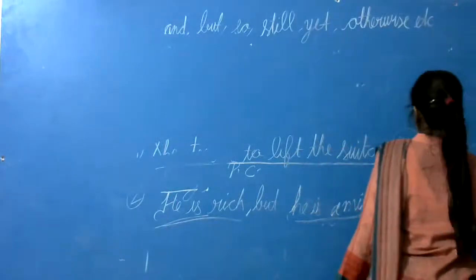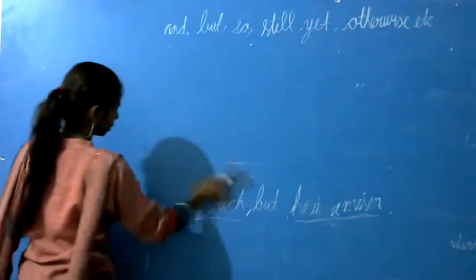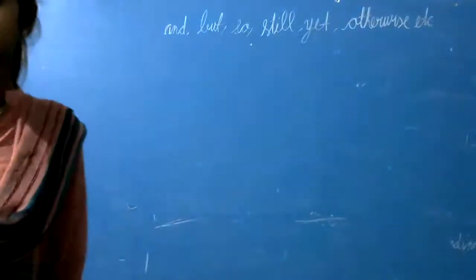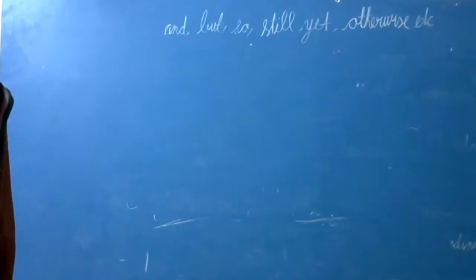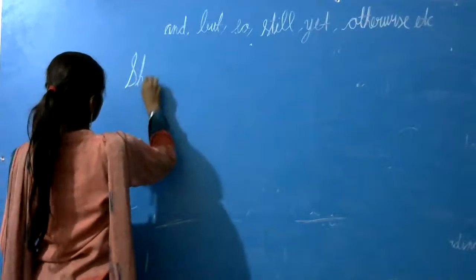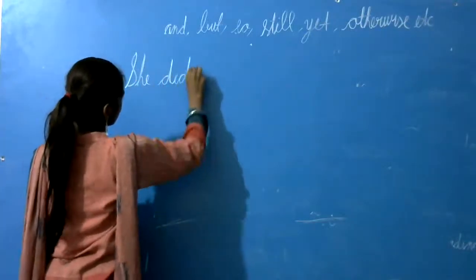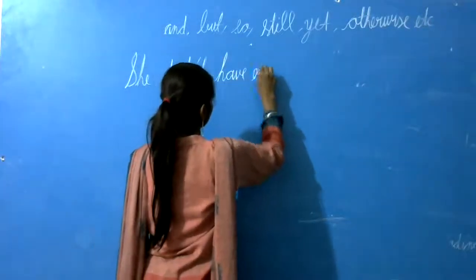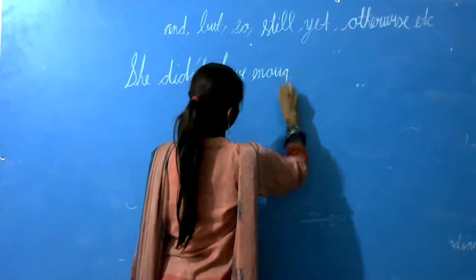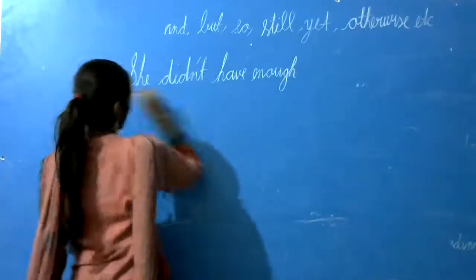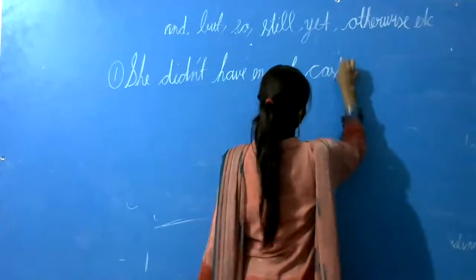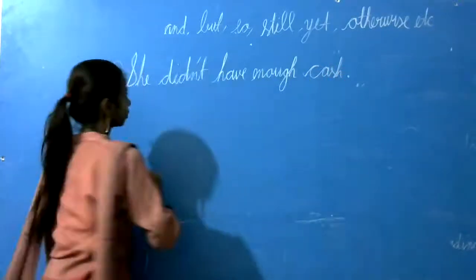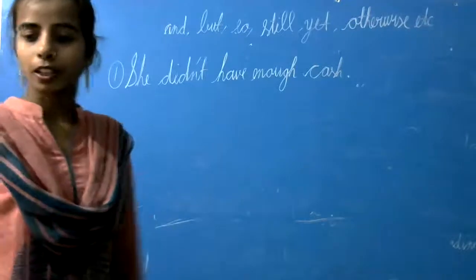Now I am writing two simple sentences and you have to join them by using the word given in brackets. Okay. She didn't have enough cash. Okay, she didn't have enough cash.